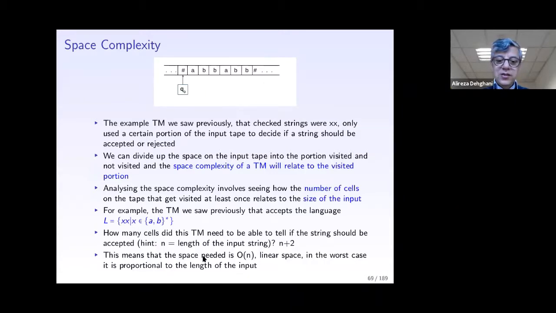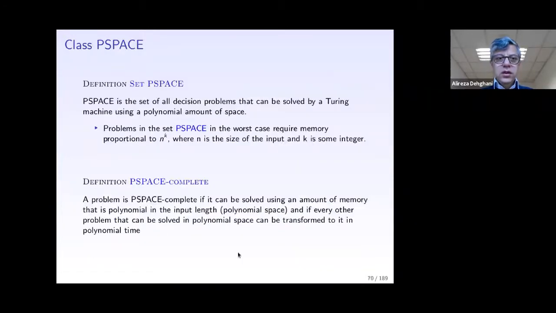This means that the space needed is linear. You remember in terms of big O notation, if it is linearly dependent on the size of the input string, it is O(n). So the space complexity of this Turing machine is O(n). In the worst case, it is proportional to the length of the input, right?